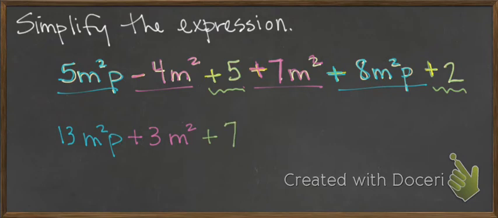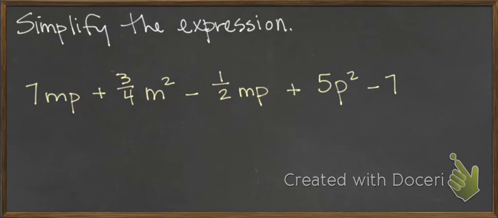Let's try one more. Now this one has some fractions, and if you struggle with fractions and you would rather use decimals, you can take each of those fractions and convert it to a decimal. For example, this is 3 divided by 4. If I put that in my calculator, I get 0.75. And then this is 1 divided by 2.